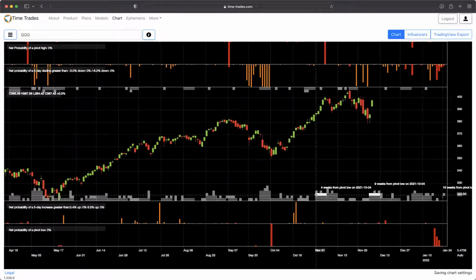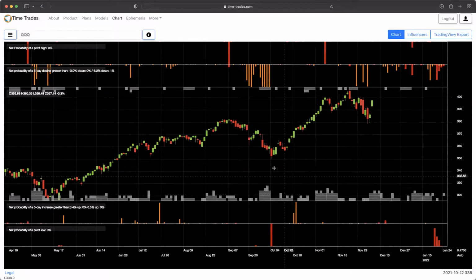So in this particular box, it says this is 4 weeks from a pivot low on October the 4th. And we can see over here, there's a significant low on October the 4th. And this is an automatically detected pivot. And of course, the machine learning says, yes, that's a pivot because it is trained to identify pivots. And we also gave it the answer. We said this day was a pivot.